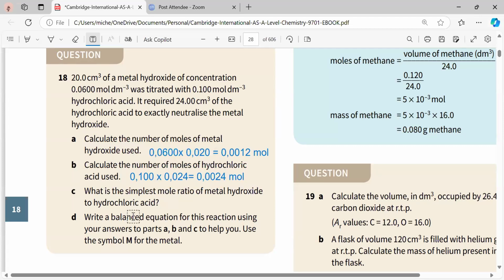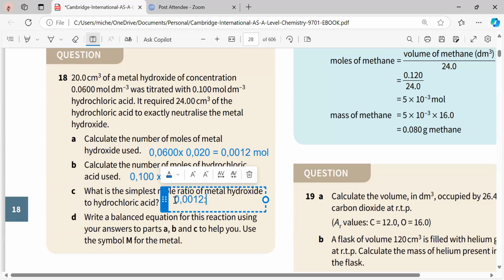So we already found both moles. What is the simple ratio right here? The moles of metal hydroxide, 12 right here, so we're going to do 12 divided, or you should say by, since it's a ratio, by 24. I think I'm just going to write the full equation just to avoid confusion.